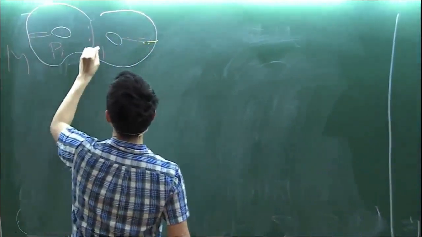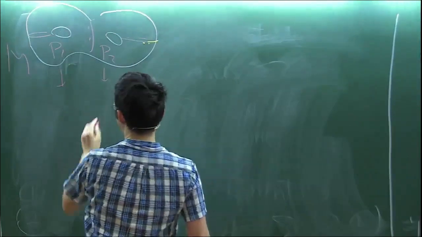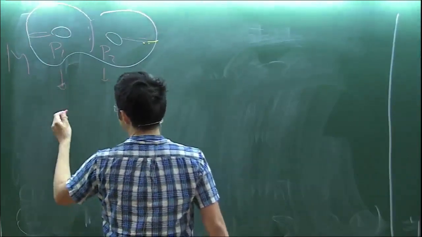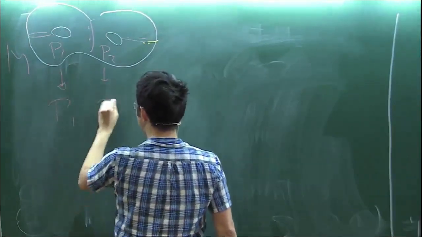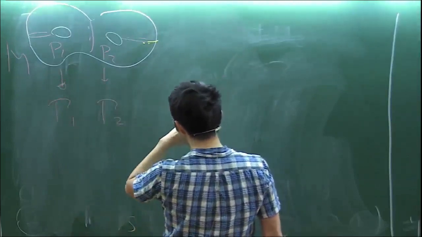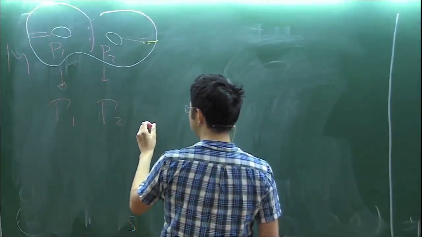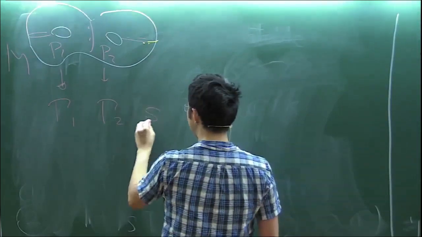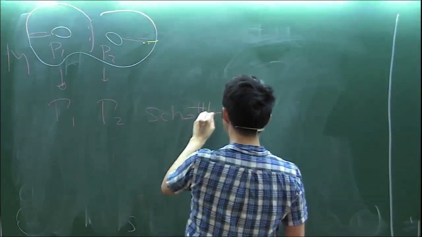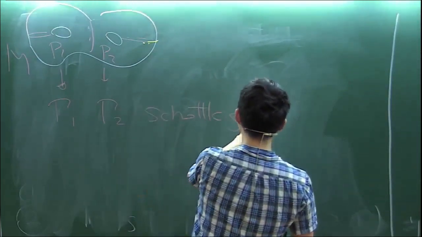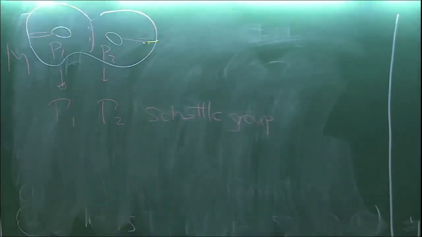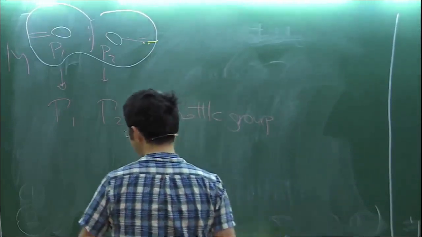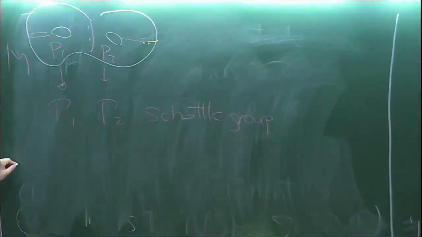We found this nice multi-loop, and then we have two pairs of pants, and each pair of pants corresponds to some Schottky group. Call them gamma 1, gamma 2, by the condition for the multi-loop.